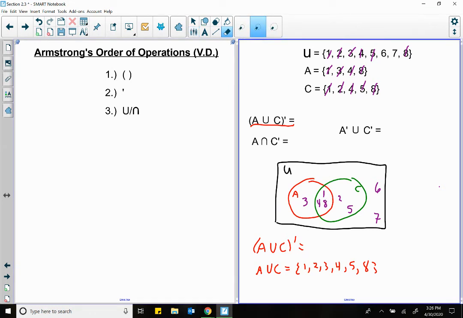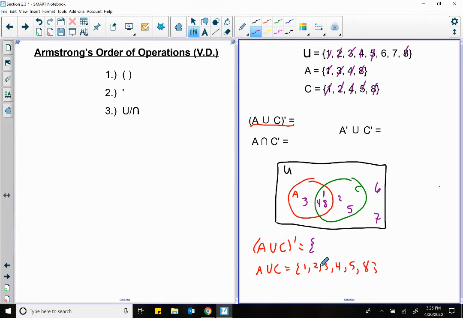Now that we've taken care of inside the parentheses, now we will work outside the parentheses and we rerun PEMDAS. So we've taken care of parentheses. Next thing is complement. We definitely have the complement out here. And complement means give me everybody that we didn't talk about here. So I want any numbers we did not list off here.